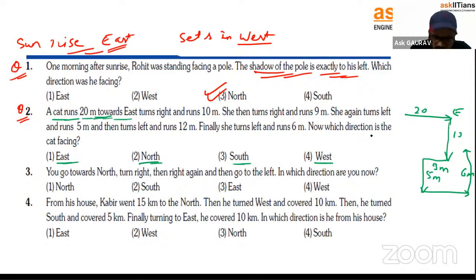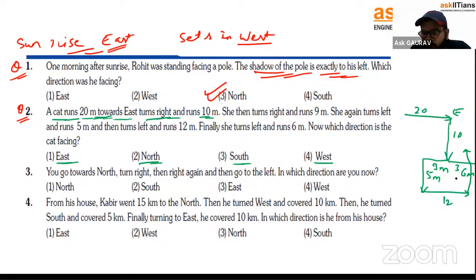I think some mistake we have made. The cat runs 20 meters towards east. Then she turns right and runs 10 meters, turns right, 10 meters. Then she turns right and runs 9 meters. Then she turns left and runs 5 meters. Then she turns left and runs 12 meters.